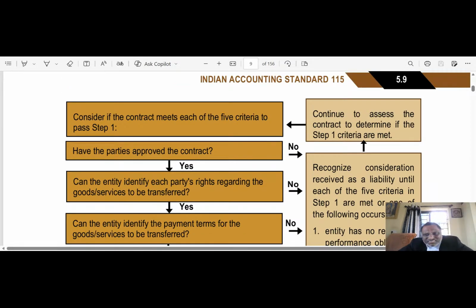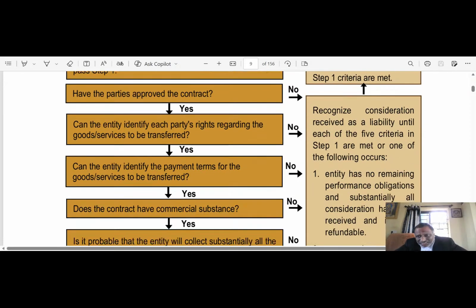Continue to assess the contract to determine if the step 1 criteria are met. Recognize consideration received as a liability until each of the five criteria in step 1 are met or one of the following occurs.